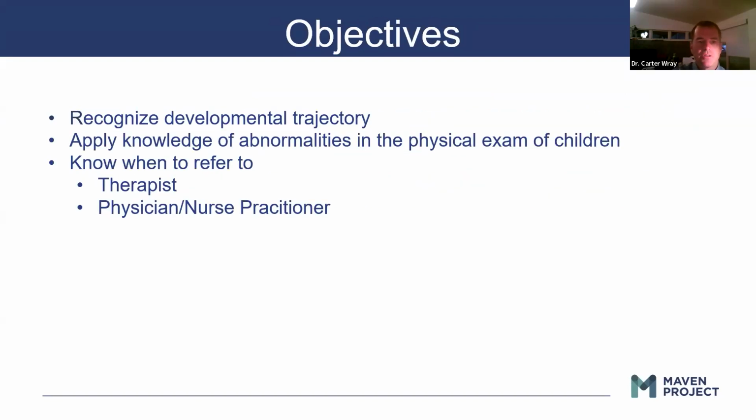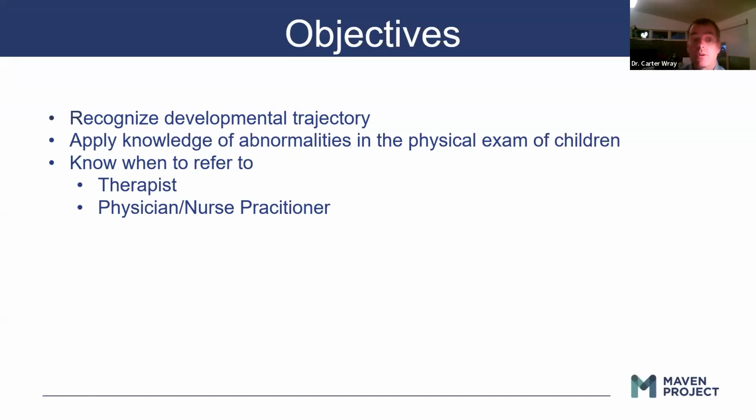So objectives, we're going to talk about what is the developmental trajectory of a child. I think I was told that most of the folks on this talk do family medicine, so are seeing people across the age spectrum. Certainly, if any of you are pediatric specific, then this will be a little bit more of a review, but particularly talking about the knowledge of what kind of abnormalities in the physical exam would really make you worried about a child, in addition to just what you're hearing from the parents.